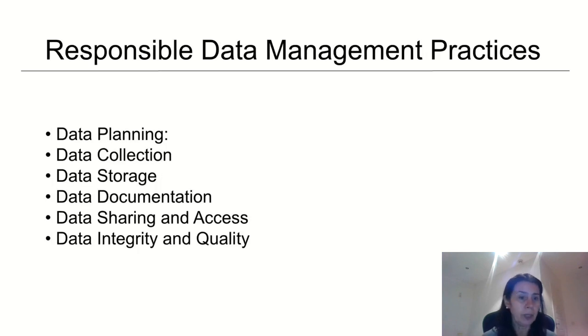Yes, and then we have come to the last point, which is data integrity and quality control, because either you as principal investigator or the institution has to ensure quality control measures throughout the whole data life cycle, and this will include regular data audits, validation checks, and peer reviews.